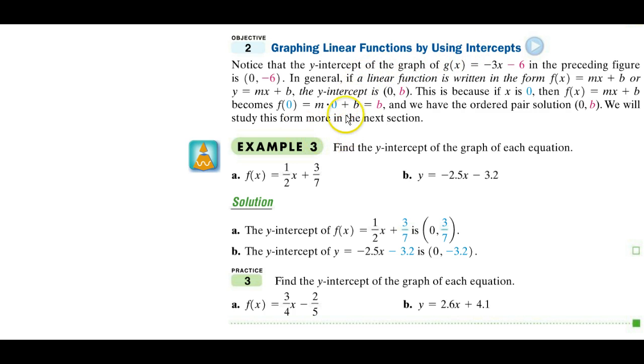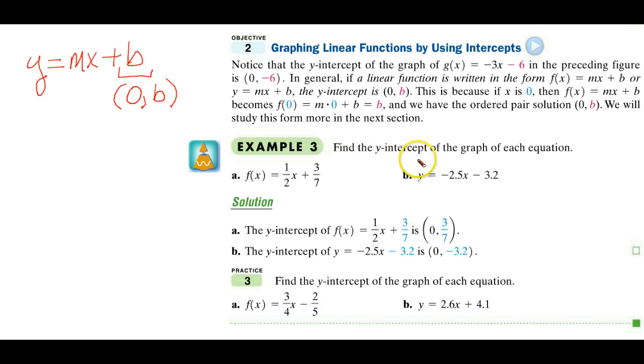So when we write the formula of slope-intercept, y equals mx plus b, whatever is in this b position is the y-intercept. Now when we see this as an ordered pair, it's going to be 0, comma the value of b, because when x is 0, then you're on the y-axis.